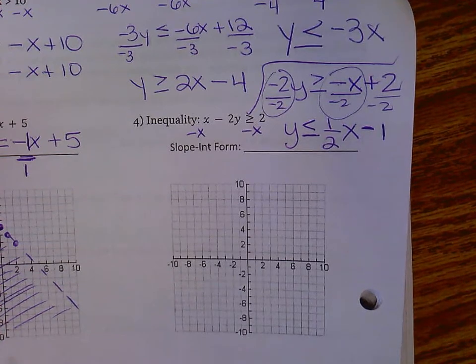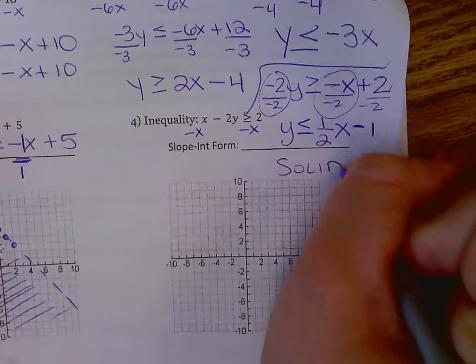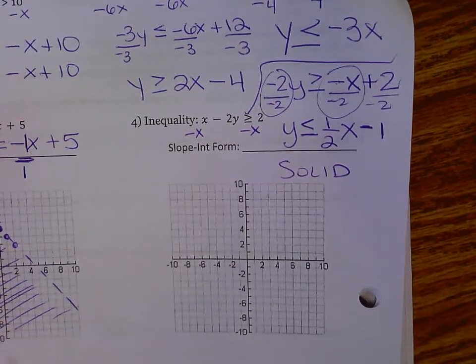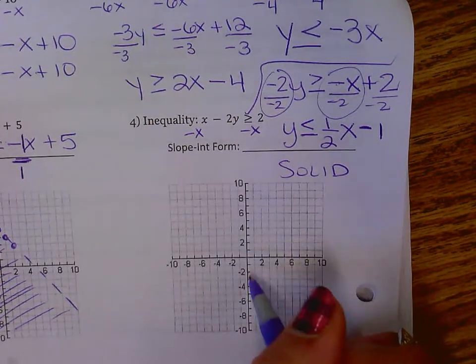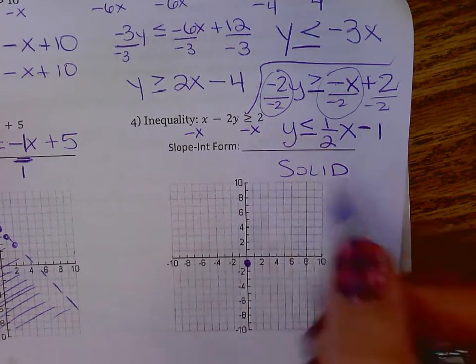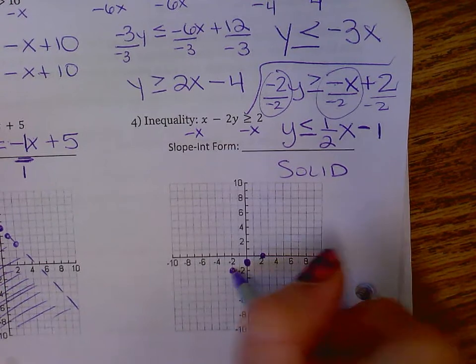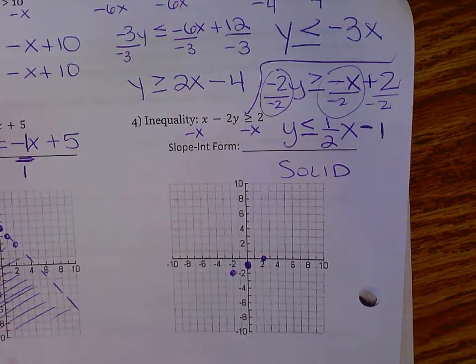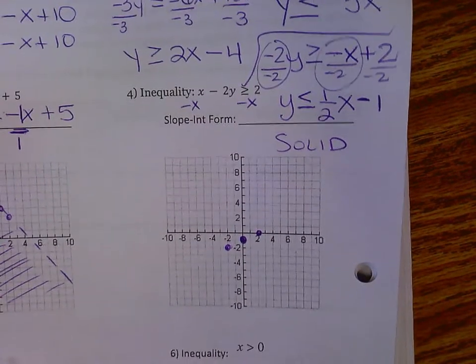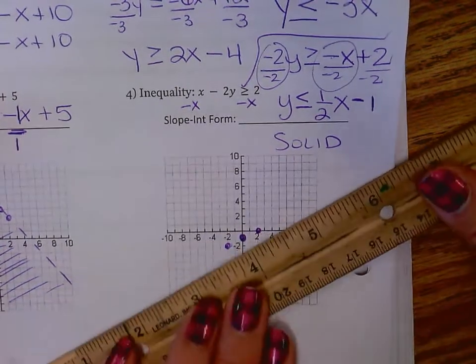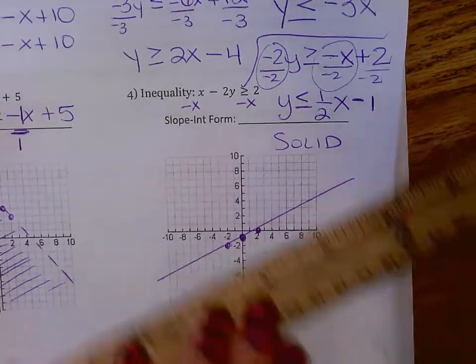So let's graph the line. It's going to be a solid line this time, we said. So we're going to start at -1. So I go to -1 on the y-axis, slope of up 1 over 2. So I start at -1 and I do a slope of up 1 over 2. Solid line, cutting my grid right in half.